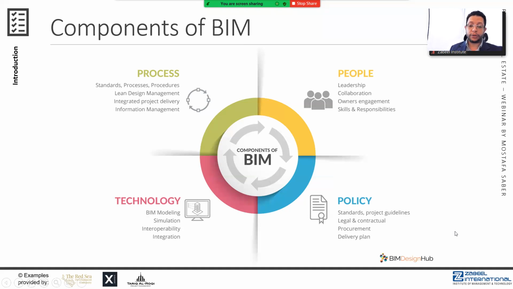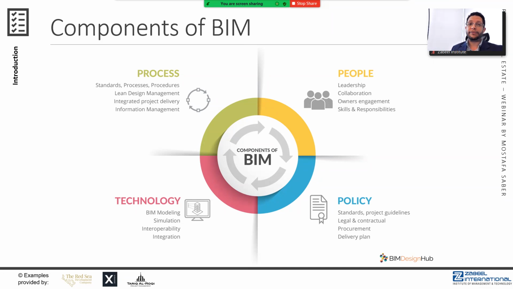In the next slide, we're going to discuss the components of BIM. What are the main BIM components? And I'd like to keep this organized in these four categories. The first part is the process.